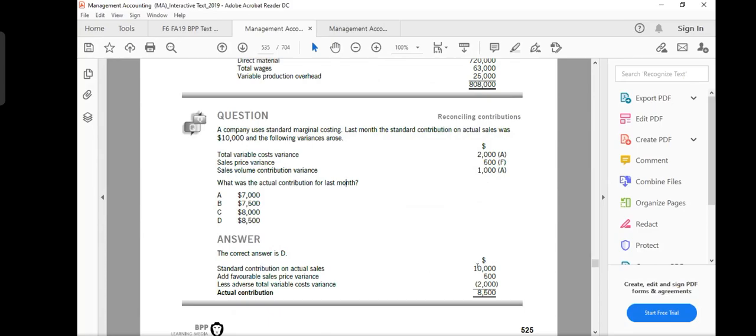So you take your standard contribution 10,000, and then this sales price variance, and total variable cost variance is minus 2,000. The sales volume contribution variance we just ignored.